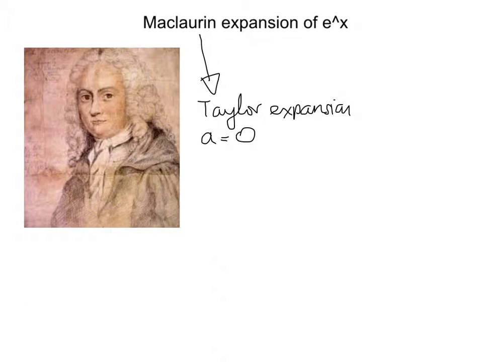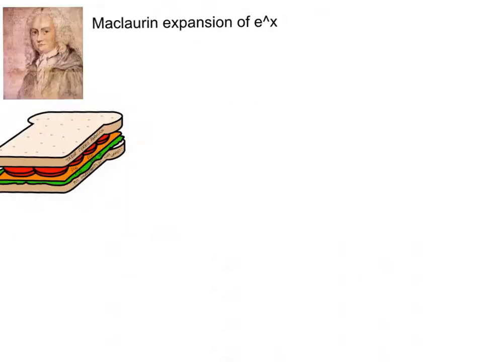Well done, Colin Maclaurin. So we'll do the Maclaurin expansion of e to the x, which is actually the Taylor expansion of e to the x, where a is 0. Here's our sandwich to remind us what to do. So we'll start off by writing down just the Taylor formula. Sorry, Maclaurin, but I'm going to call it Taylor's formula.